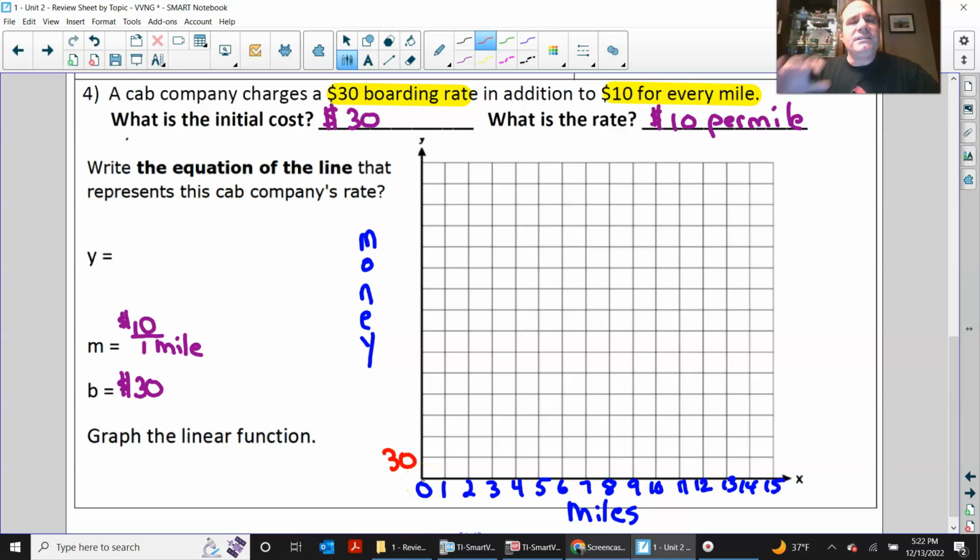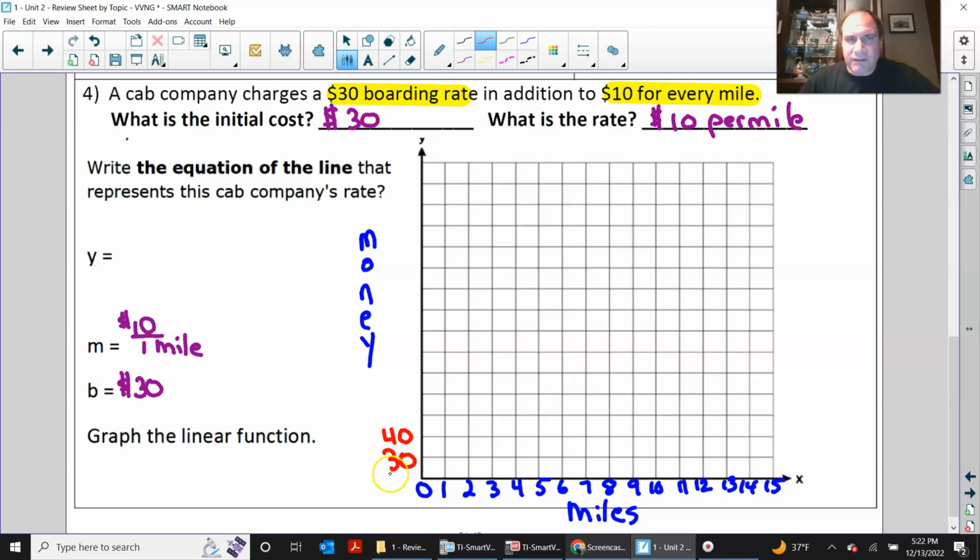And then what is the cab company charging this person, or any person, per mile in addition to the 30? Yes, it's $10 per mile for every mile after the $30 is paid. So for the next mile, that would be 40 for the first mile, right?